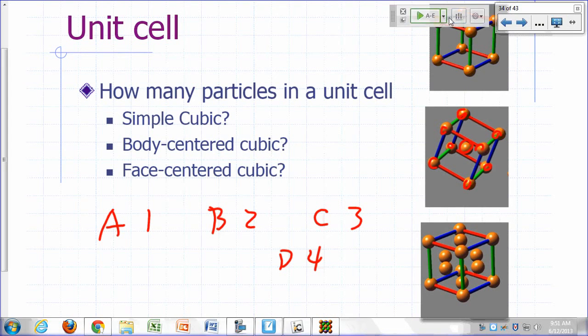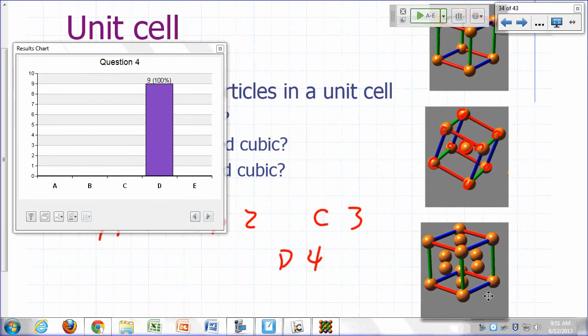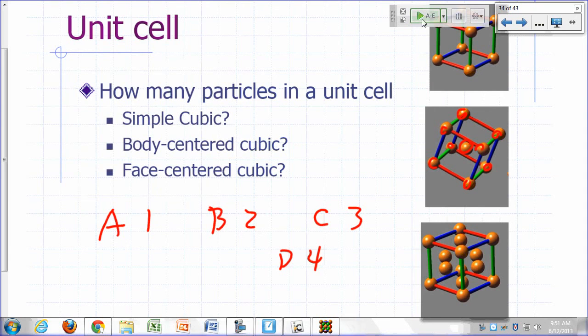Correct answer is 4. Very good. So that's 1/8 of the 8 corner atoms. That's 1. And then 1/2 of the 6 atoms that are in the center of the faces. That would be 3. 1 plus 3 would give you 4. Very good.